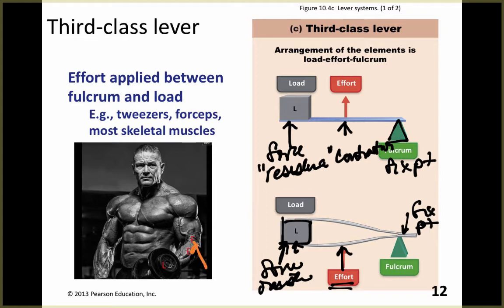If you look here, right, this is where you have that elbow joint between the humerus and the radius and ulna. So this is where we have our fulcrum, right? That's our fixed point.